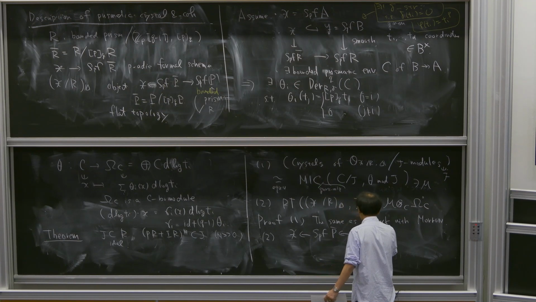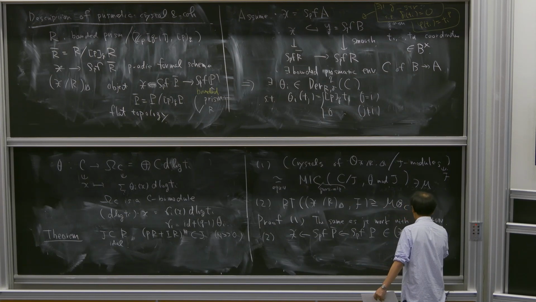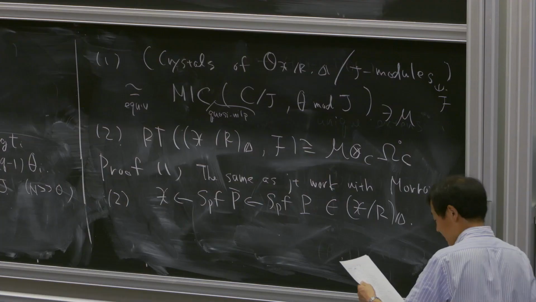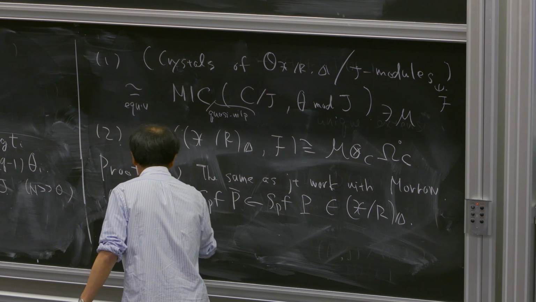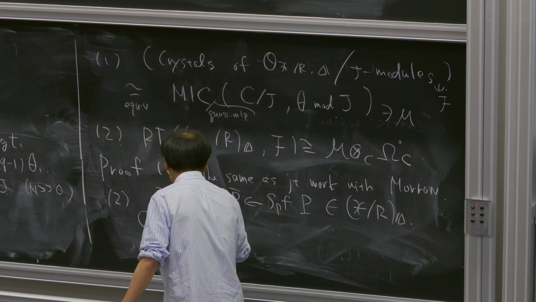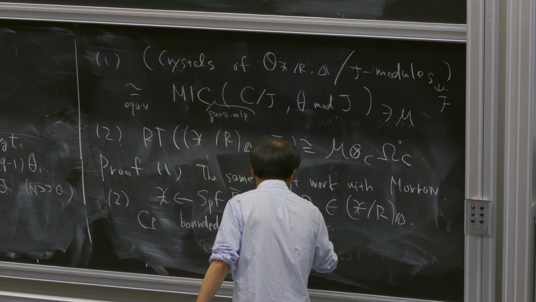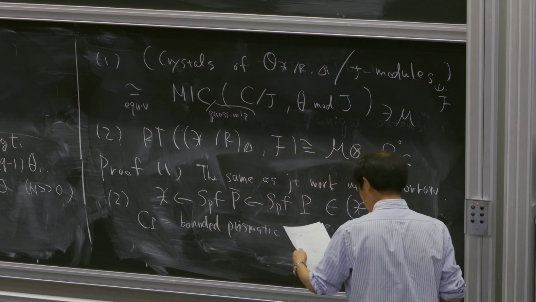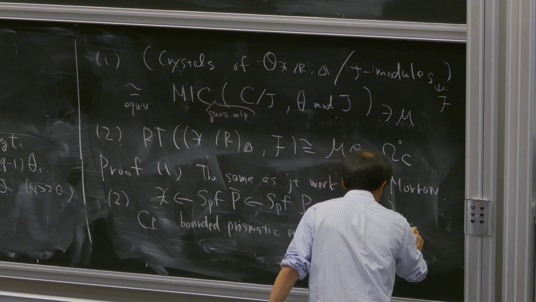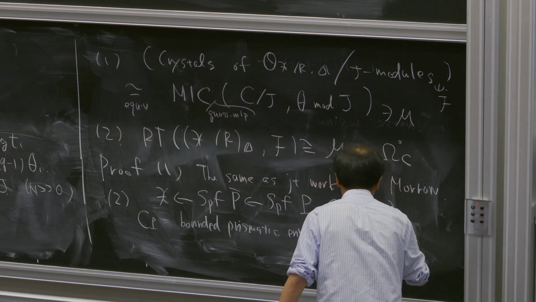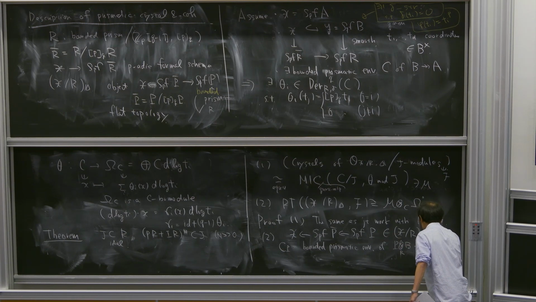Just take an object of this prismatic site, and then we consider the bounded prismatic envelope of the base change of the smooth formal scheme B to the P.